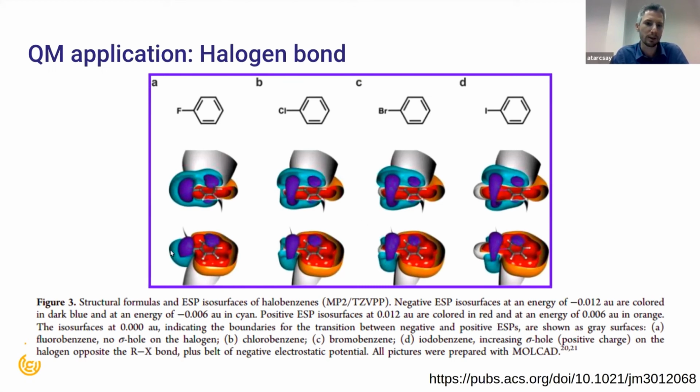And as you can see, this is the effect of the sigma hole from the bromo or chloro derivative.